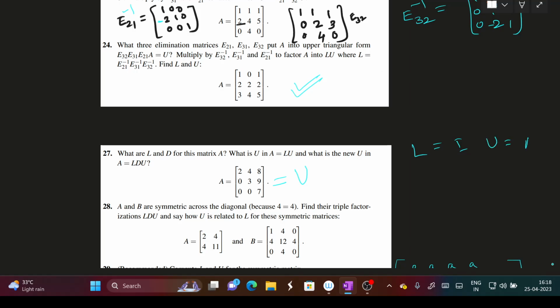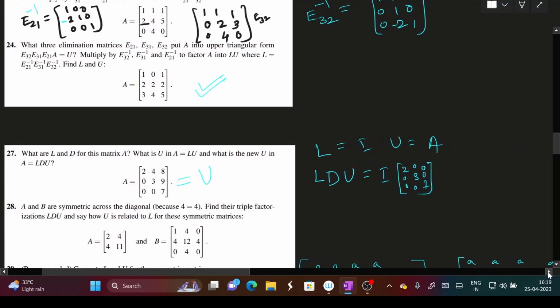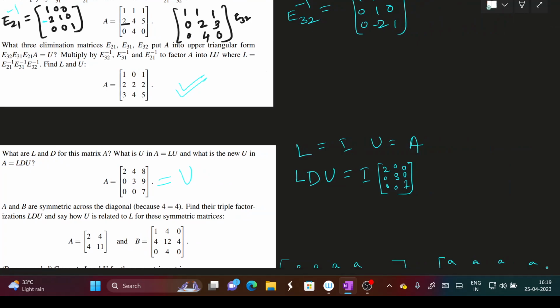U is the given matrix A. So here LDU factorization is nothing but L is the identity matrix, D is 2 3 7 on the diagonal with zeros elsewhere, and U is 1 2 4, 0 1 3, 0 0 1.